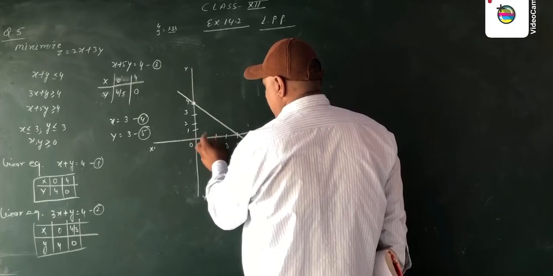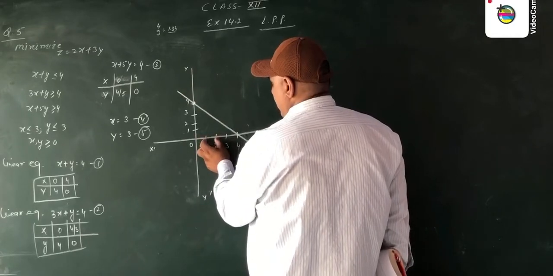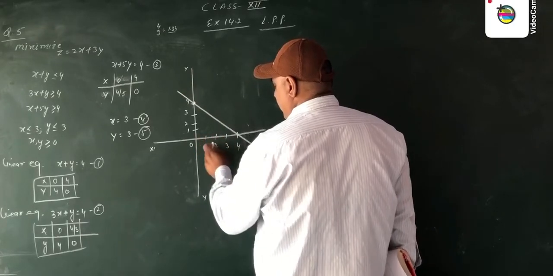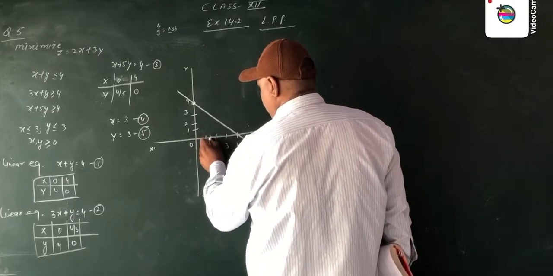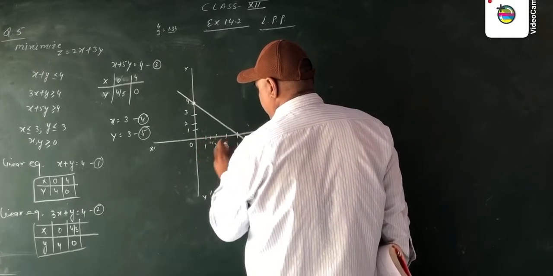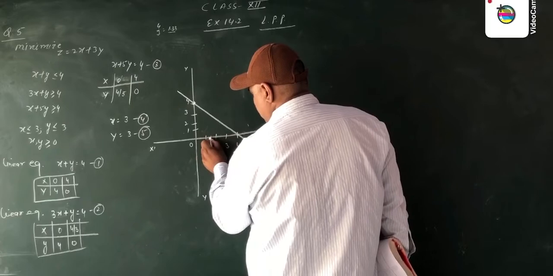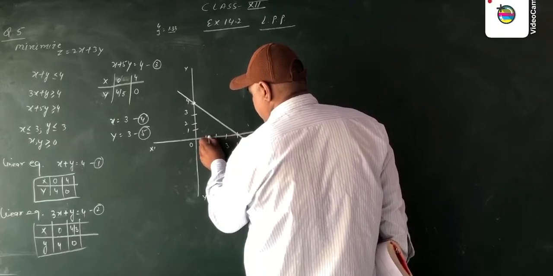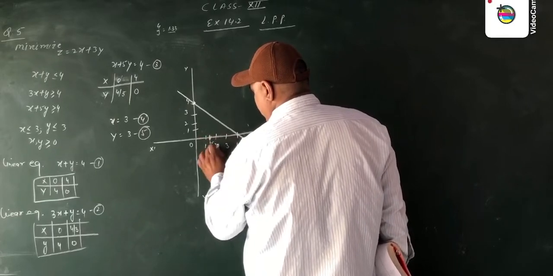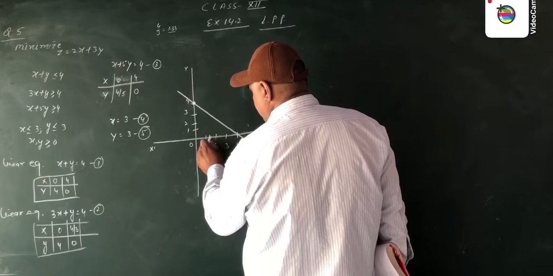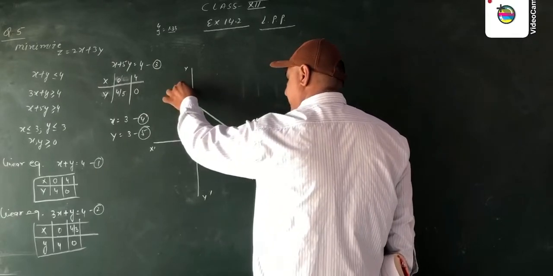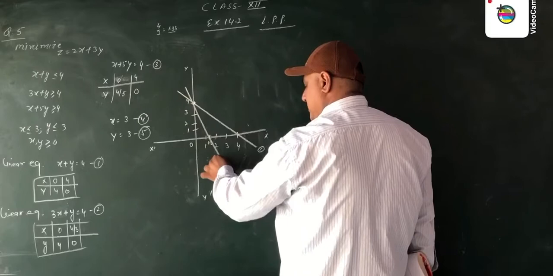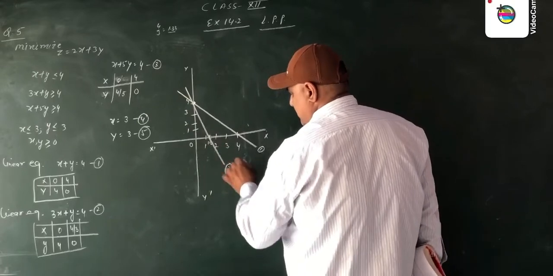This is the midpoint between 1 and 2, 1.5, and a little less on the left-hand side is 1.3. We write this 1.3. We join these values to 4. This is your second equation.